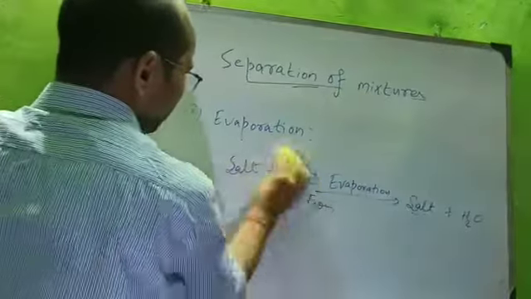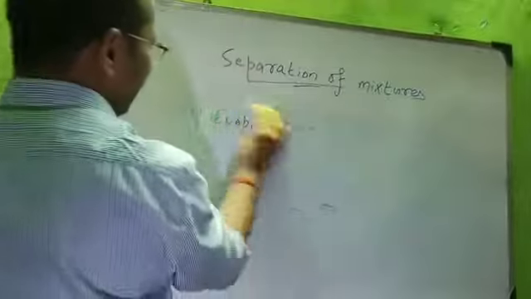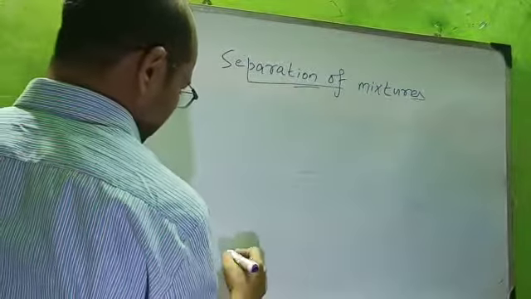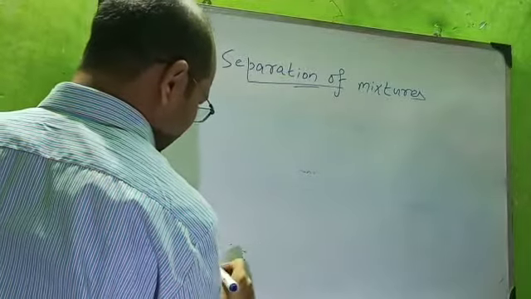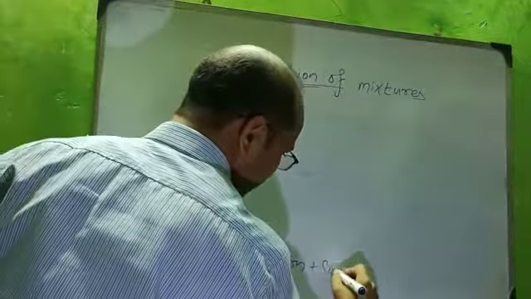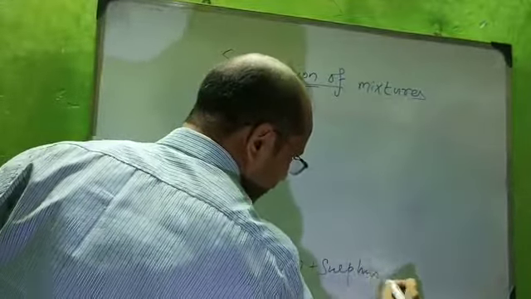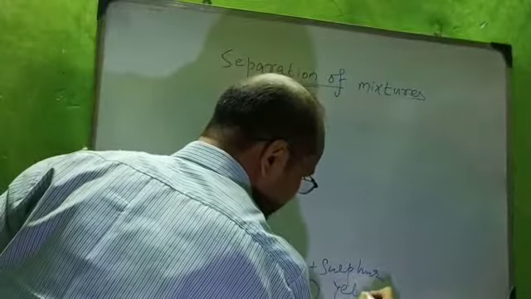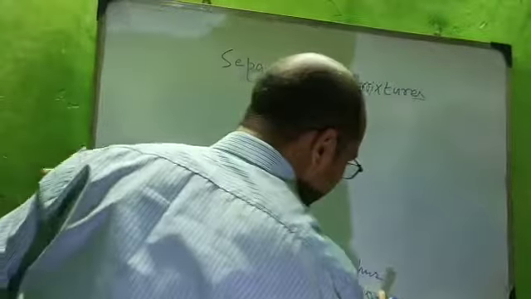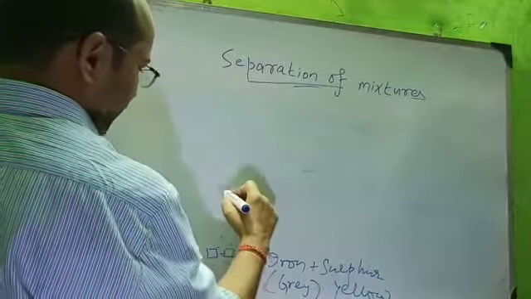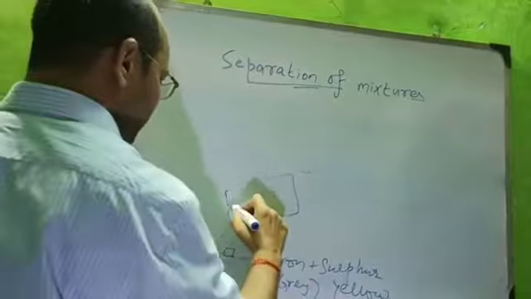Now, a very easy third one is magnetic separation. Suppose there is a mixture of iron plus sulfur. The color of iron is grey, while the color of sulfur is yellow. If you want to separate the different components in this mixture, with iron filings inside sulfur, we bring a magnet near it.